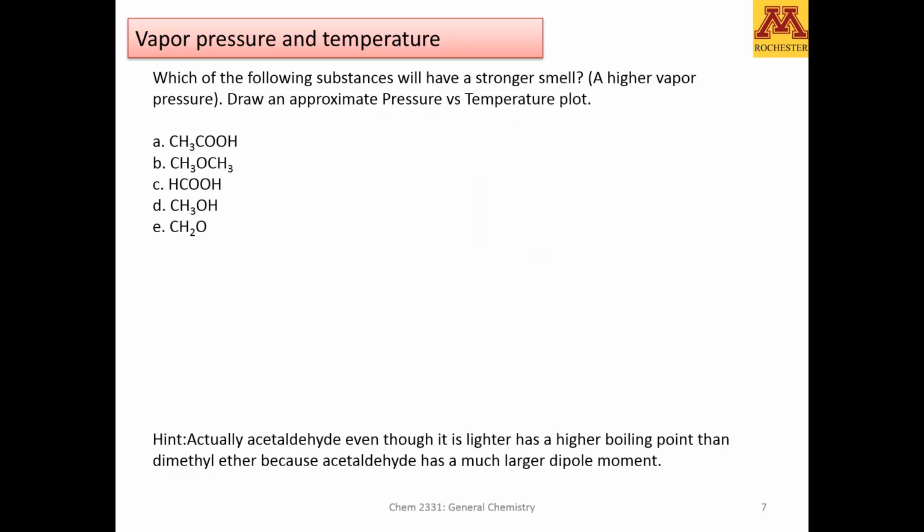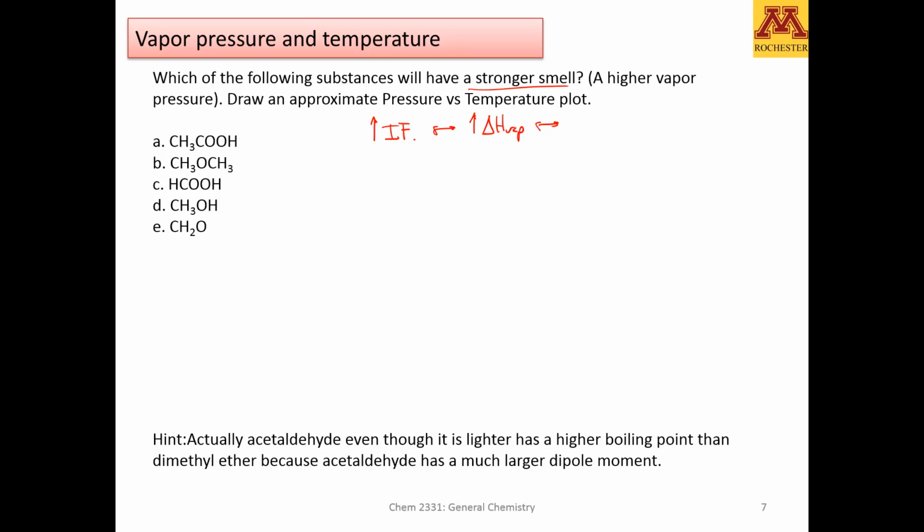Okay, so let's see if we can understand these kinds of graphs a little further with a problem. In this case, it's asking which one will have the stronger smell. Stronger smell just means that it has a higher vapor pressure. And let me remind you, I'll draw it again, that the stronger the intermolecular forces, it implies a higher enthalpy of vaporization.